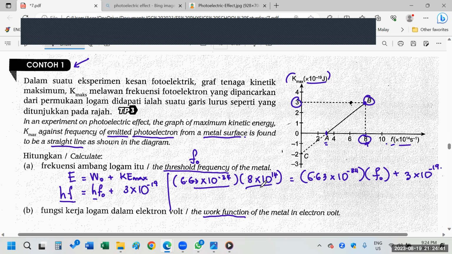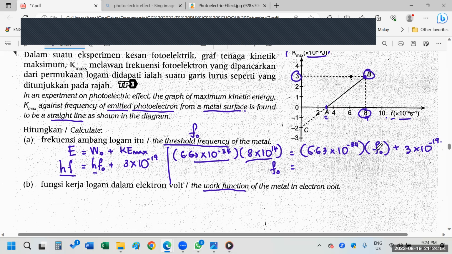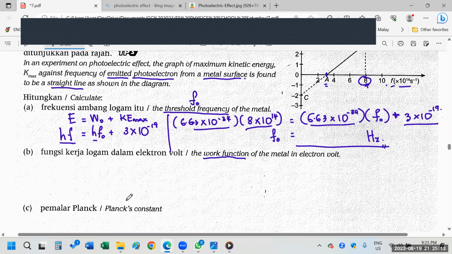Then we solve it. Can you solve it? Solve it means we use this times then minus this divided by this one, in hertz. Then what is work function? Work function equals hf naught.